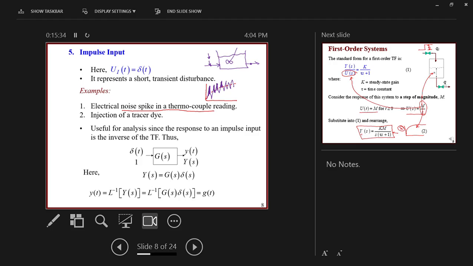And using the impulse in our analysis will simplify the analysis because of the fact that the Laplace transform of the impulse is equal to 1. So the impulse in Laplace is equal to 1. And when you multiply any transfer function with the impulse, you are multiplying actually by 1.